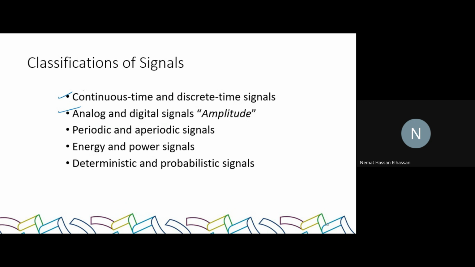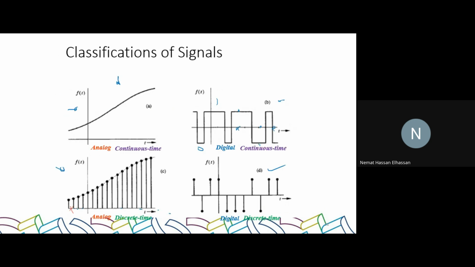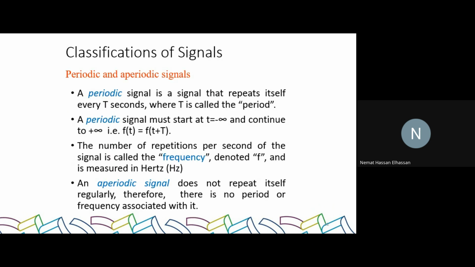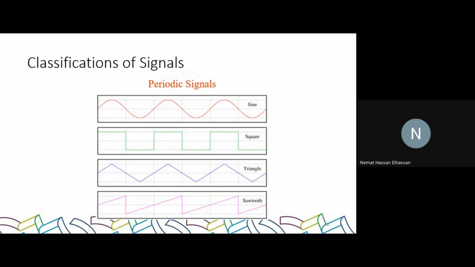Then we have periodic versus aperiodic signal. So a periodic signal is a signal that repeats itself. It's repetitive, and it has a specific period, such as the signals we have here. It could be a sinusoidal signal, it could be a square, it could be a triangle, it could be a sawtooth, it could be anything as long as it's repetitive. We call this periodic.